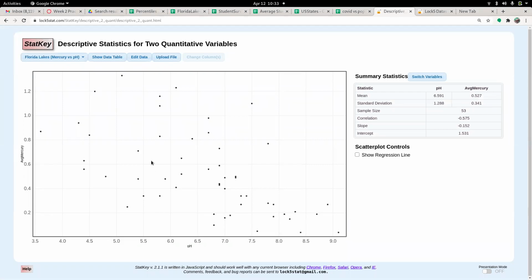So pH, each point here is a different lake. And then the pH was, they took some water samples and they measured the pH. So the pH measures how acidic or basic a particular liquid is. These have pHs. Water, I think, is normally around 7, which is kind of neutral. Some of these are a little basic and some of them are a little bit acidic, is my recollection. Average mercury, that's a measurement on fish they caught.